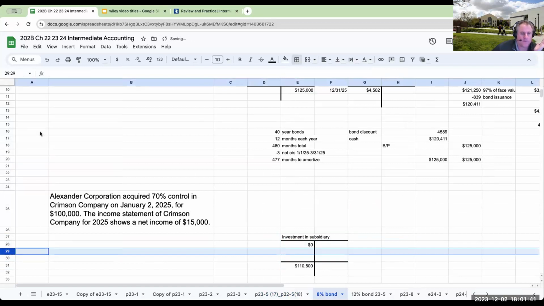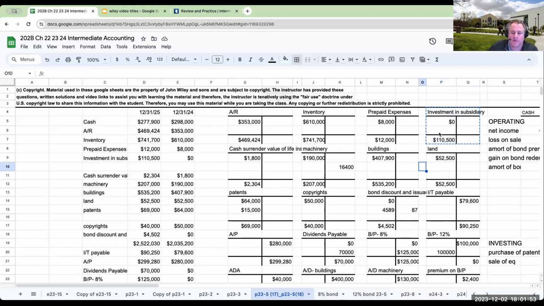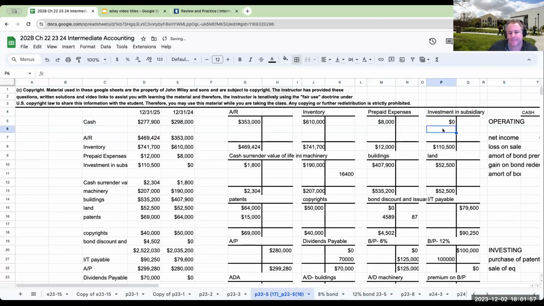Okay, so we spent 100,000 buying this investment. We would debit investment in Subsidiary and we would be crediting cash. So this is going to go into our investing section. I'm just going to add another line.